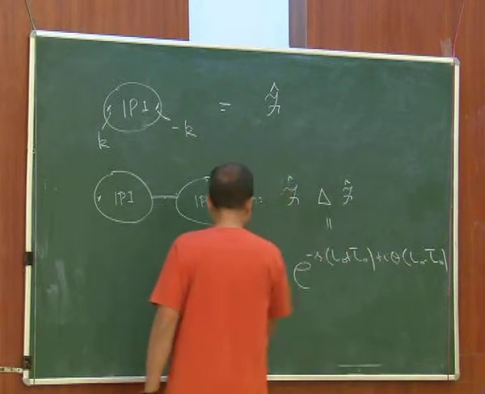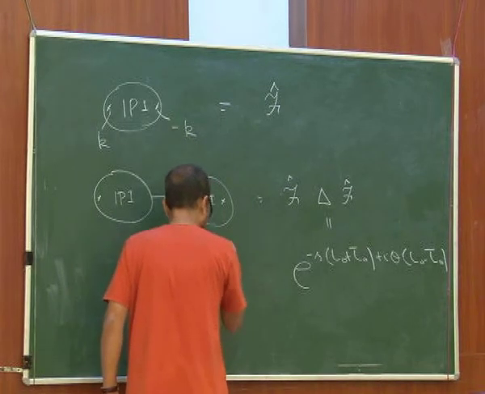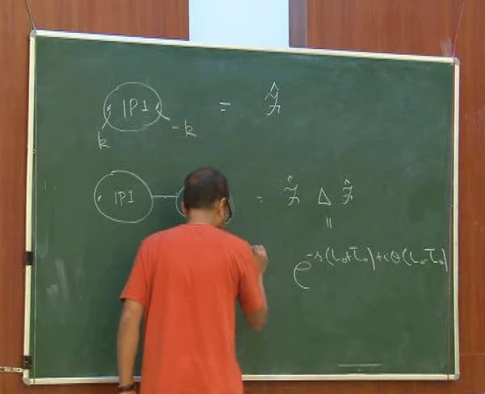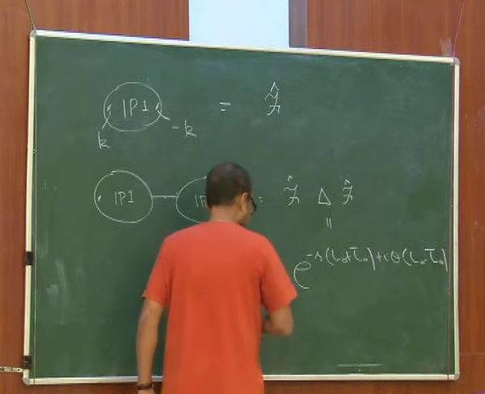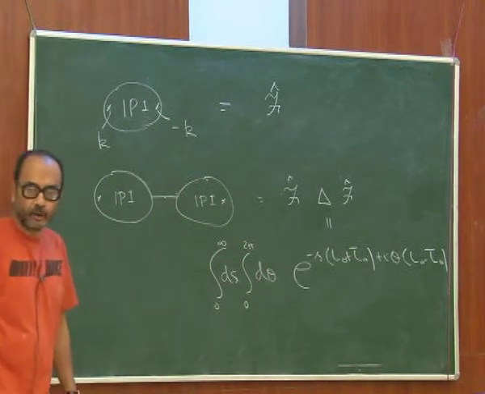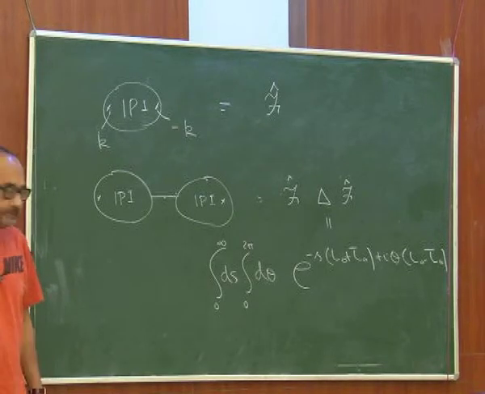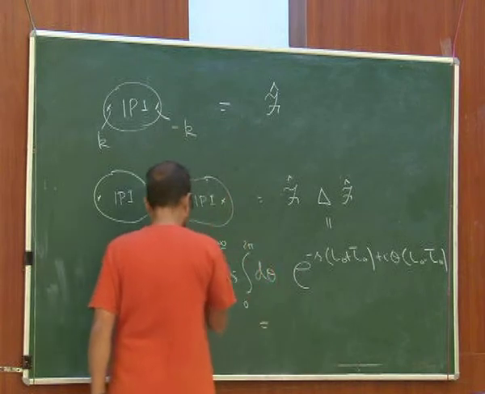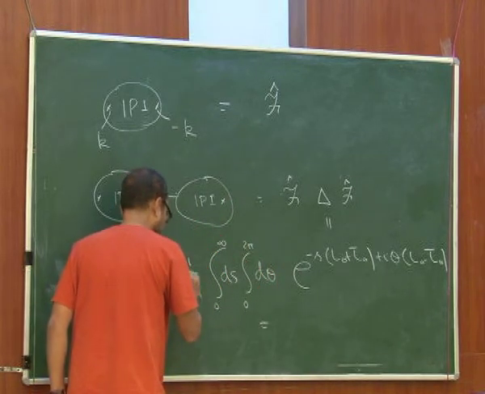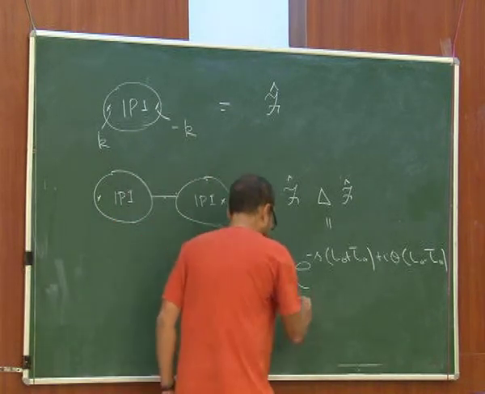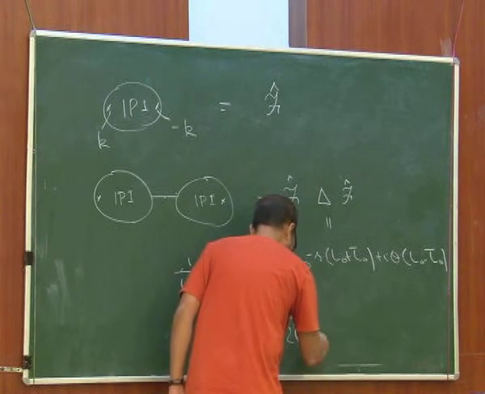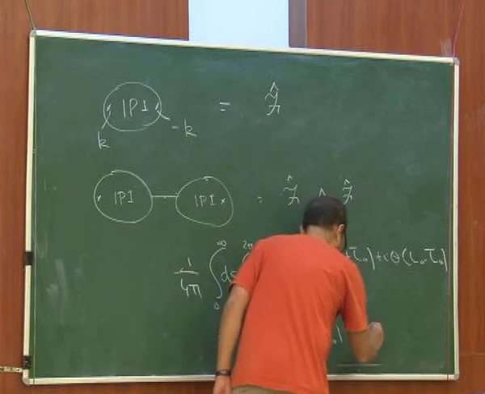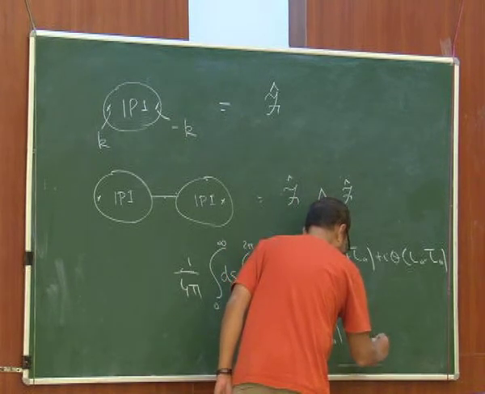And of course, then you have to integrate because you are summing over all possible Riemann surfaces, all possible s and theta. Okay. And this has a nice expression, and we put a normalization factor of 1 over 4 pi, that is for convenience. So, 1 over 2 times L0 plus L0 bar, delta of L0 minus L0 bar.